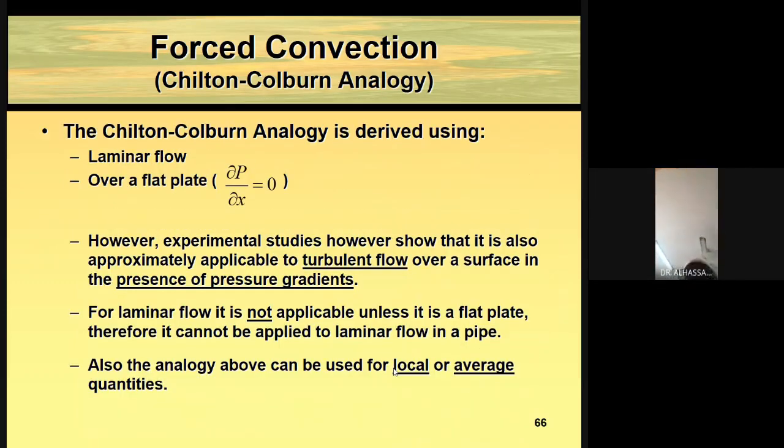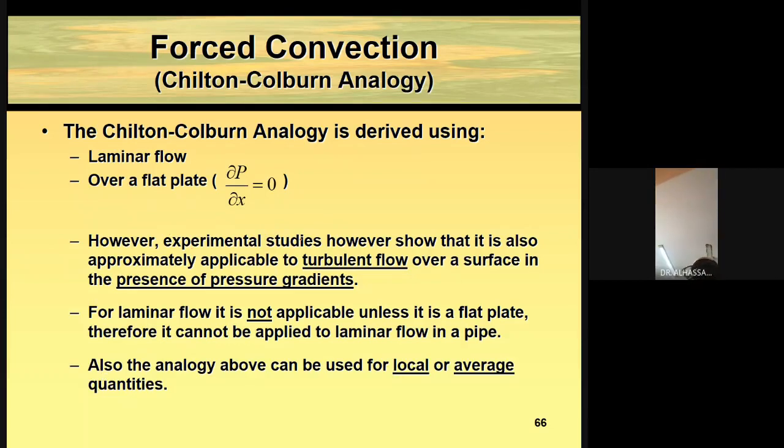So now, the Chilton-Colburn analogy is derived using laminar flow over a flat plate. Now we want to know, does it also occur for a turbulent situation?